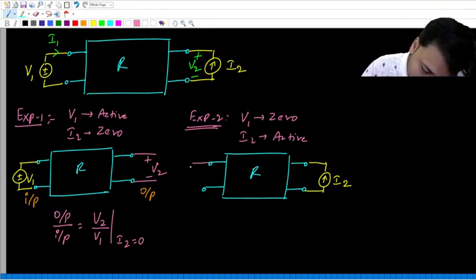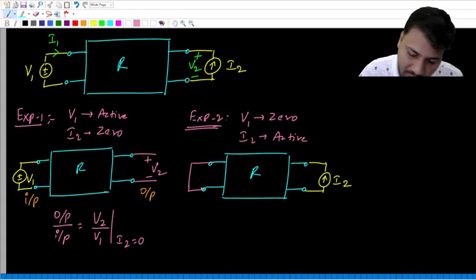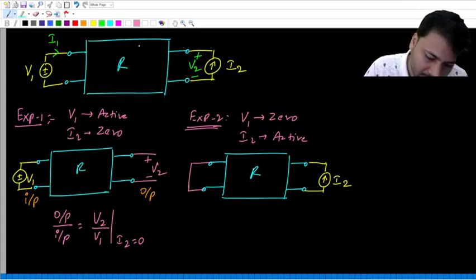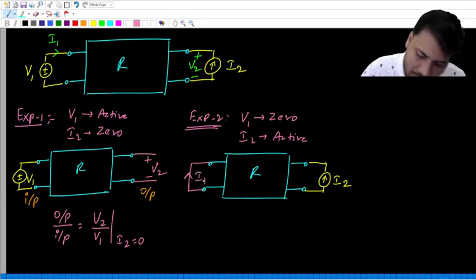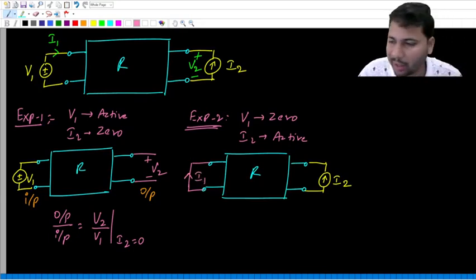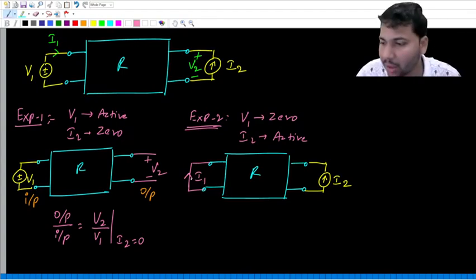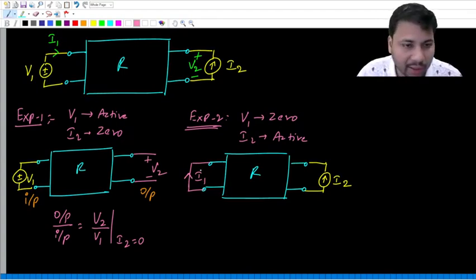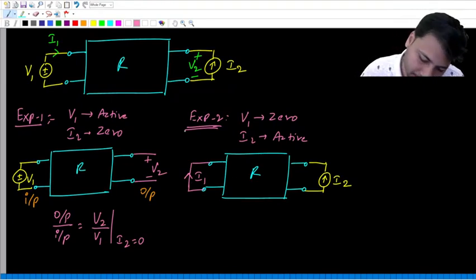Voltage source 0 means it becomes a short circuit. For a short circuit, the voltage drop is always 0, but current can flow, and that current will flow in the same direction as I1, in the upward direction through this short circuit, which can be measured by connecting an ideal ammeter in place of the short circuit.